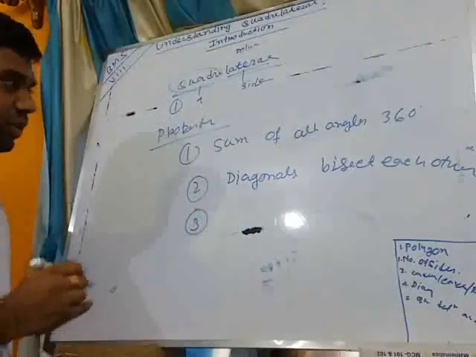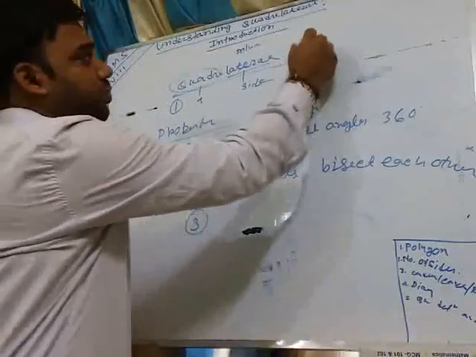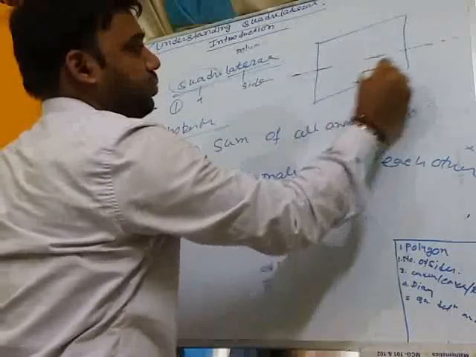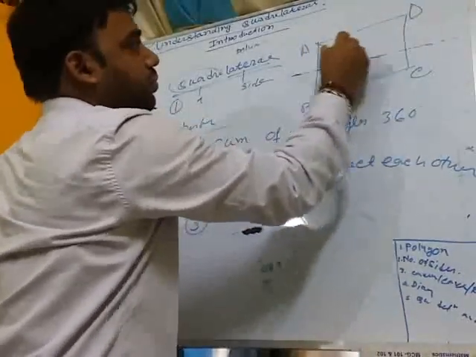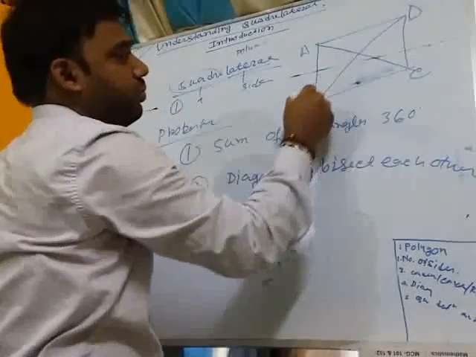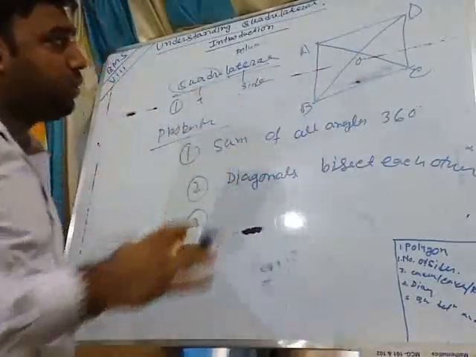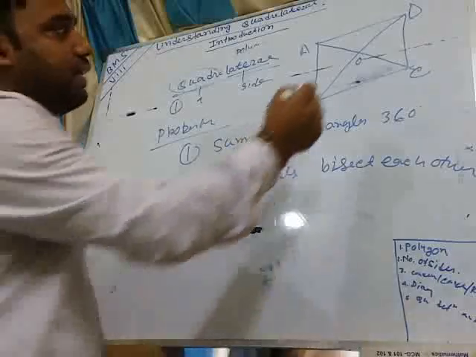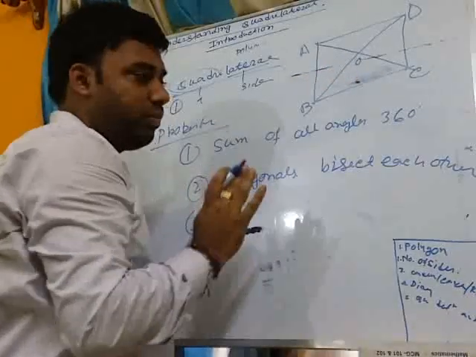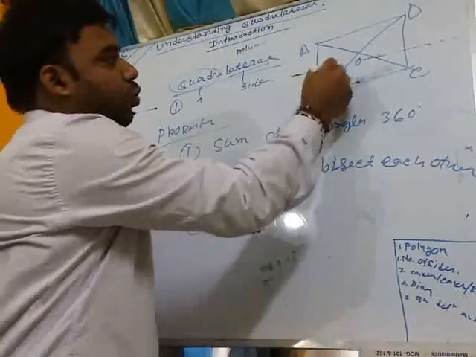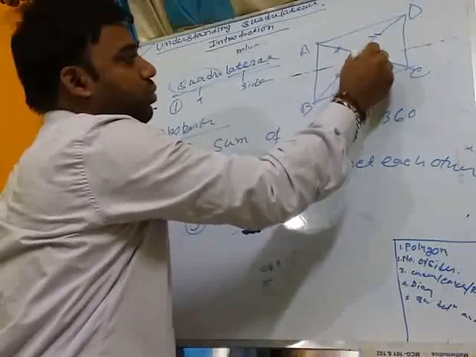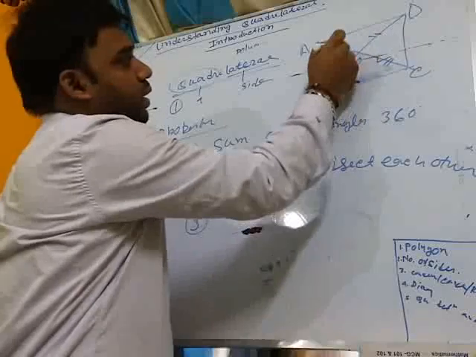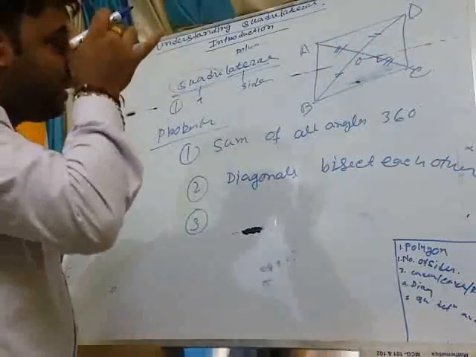See, diagonals bisect each other means, A, B, C, D. If the two diagonals AC and BD intersect at O, according to the property of a quadrilateral, OB should be equal to OD, OA equal to OC. Okay, that is the property of a quadrilateral.